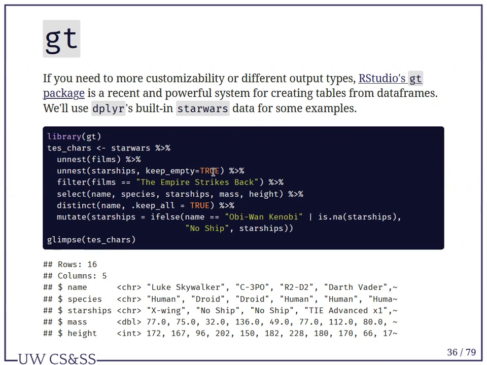Here I unnest to get rid of the hierarchicalness of our data and filter just to the Empire Strikes Back and select just the name, species, starship, mass, and height of different characters and keep only the specific ones. Again, you don't necessarily have to use distinct to deduplicate. And create a variable for starships, where if you don't have a starship, you get no ship.